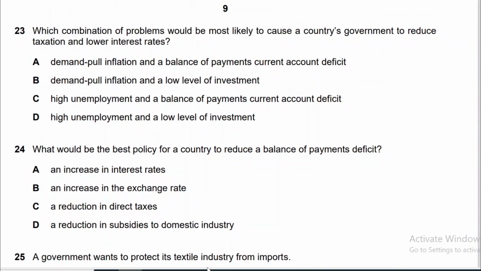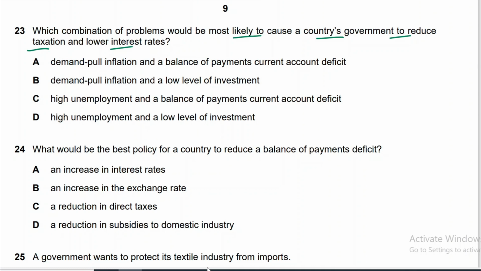All other options are incorrect. If you are confused about any other option, then please write in the comments. And question number 23, again, in some questions I'm just explaining the correct answer to save time. Question 23 is: which combination of problems would be most likely to cause a country's government to reduce taxation and lower interest rate?